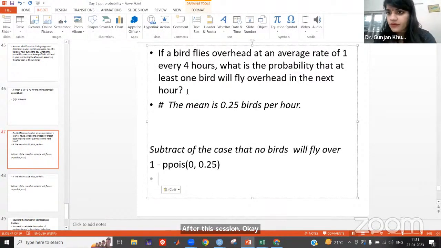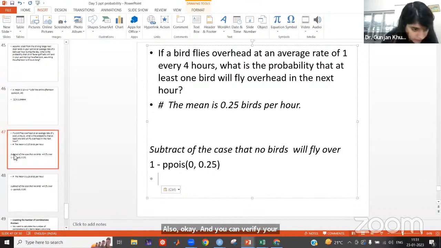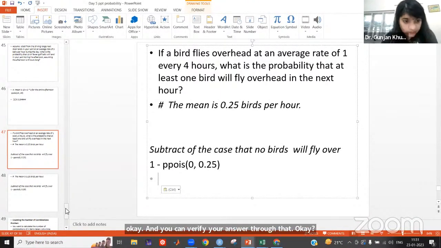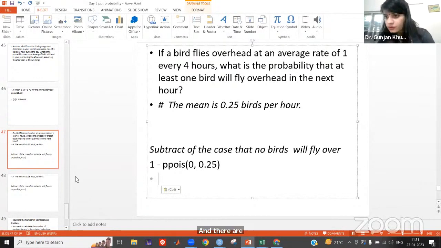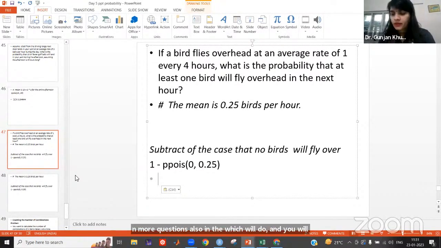You can verify your answer through the picture, or I can send it to you on WhatsApp, and you can try this question, and then we will stop this session. I'm sending it on the WhatsApp group also, and you can verify your answer through that. There are certain more questions also in the PPT, which you will do, and you will feel more handy with probability distributions in R.